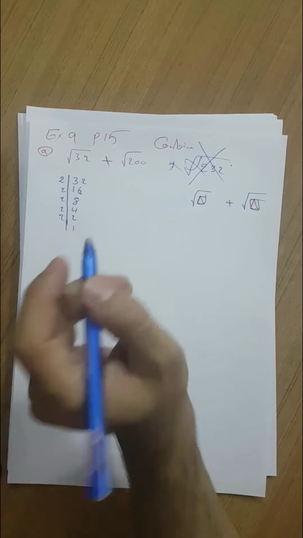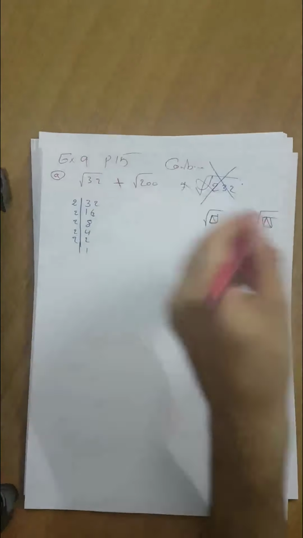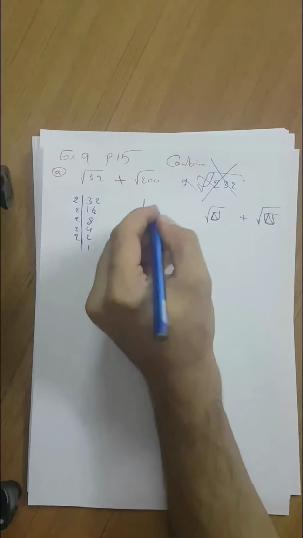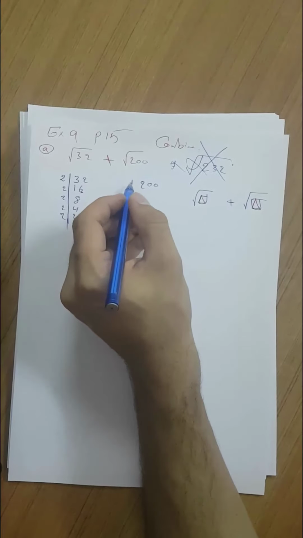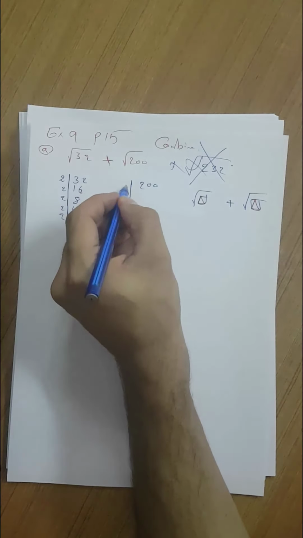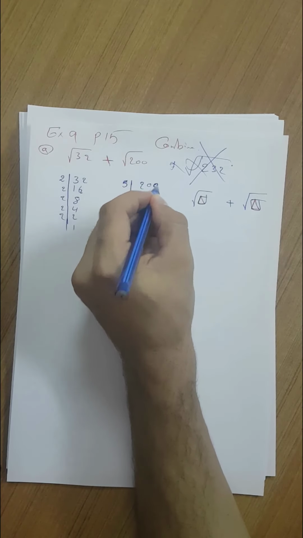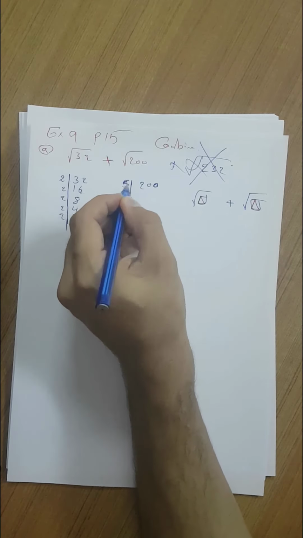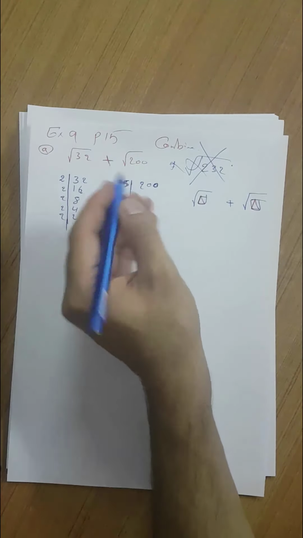Now I got this number. And again, we will factor 200. As I told you, do it by 5. Why by 5? Because the last digit is 0, so you can divide by 2 or by 5.